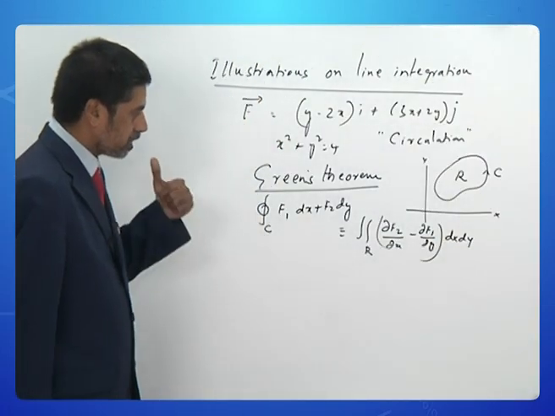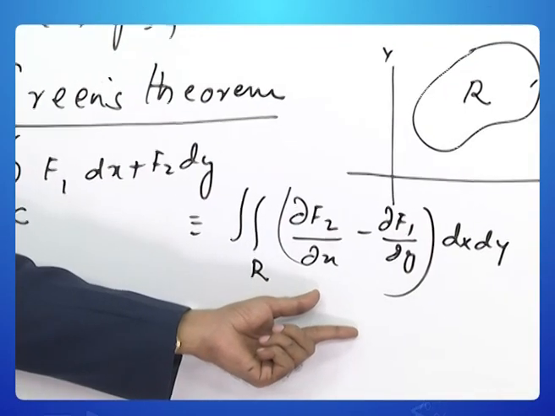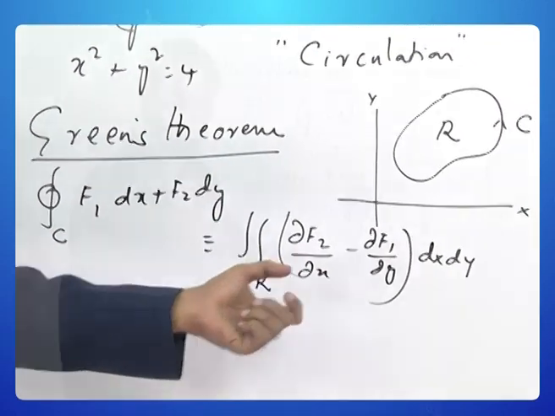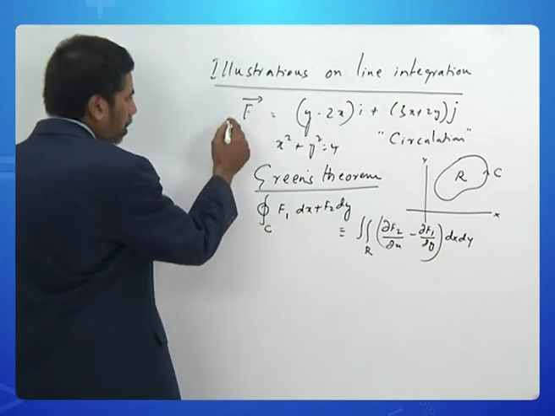This is the statement of the Green's theorem. So, given this, we can get that. And evaluation of a double integral sometimes is going to take lesser time compared to the direct integration. So, let us apply this to our problem.